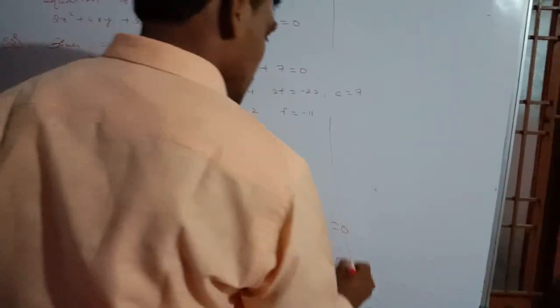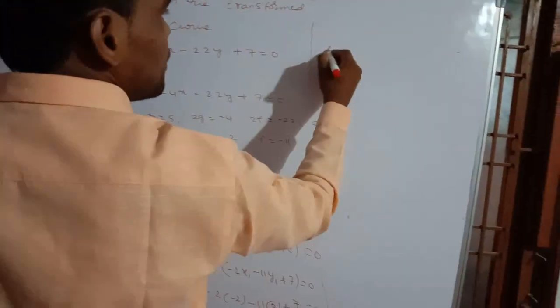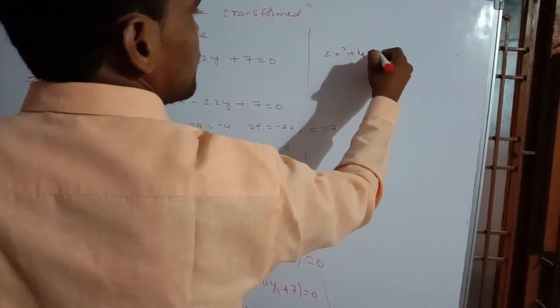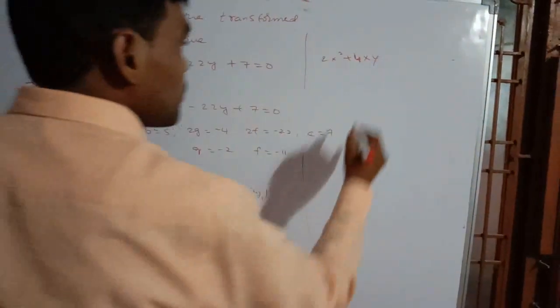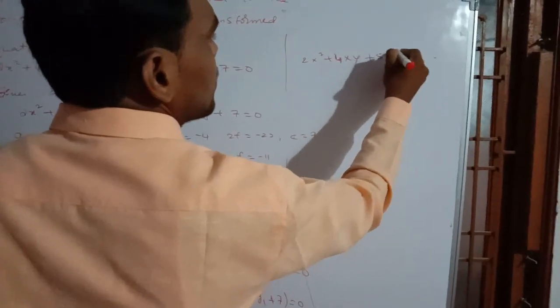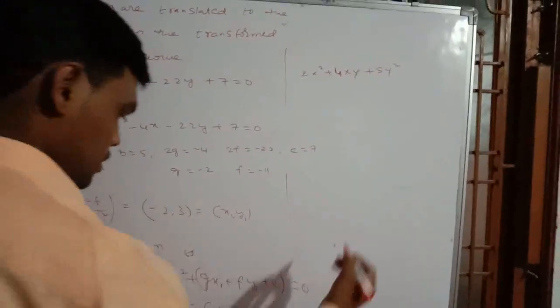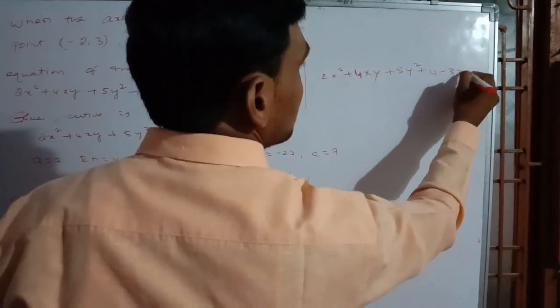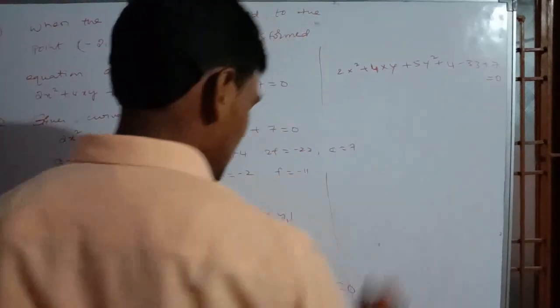So 2X square plus 4XY plus 5Y square plus 4 minus 33 plus 7 is equal to 0.